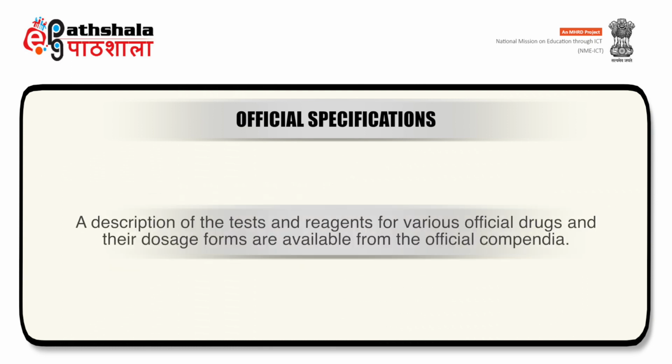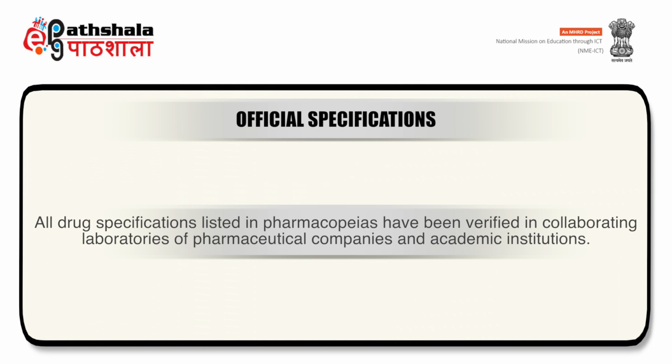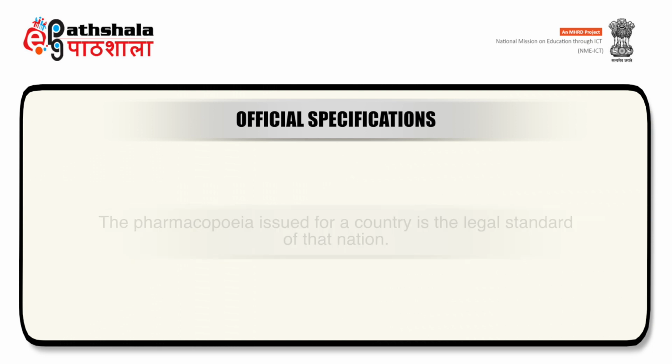A description of the test and reagents for various official drugs and their dosage forms are available from official compendia. Tests are mandatory for proper control of the product. All drug specifications listed in pharmacopoeias have been verified in collaborating laboratories of pharmaceutical companies and academic institutions. Pharmacopoeia issued for a country is the legal standard of that nation.